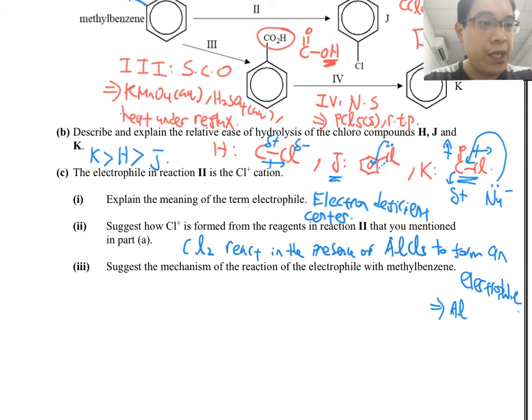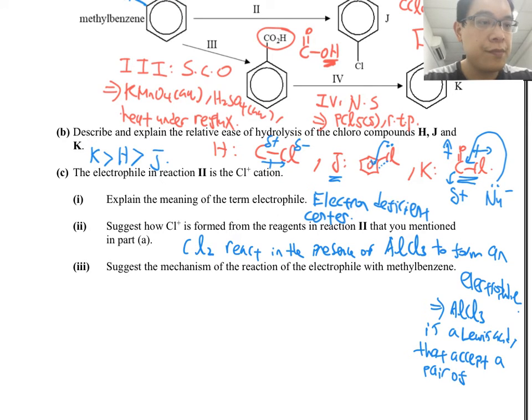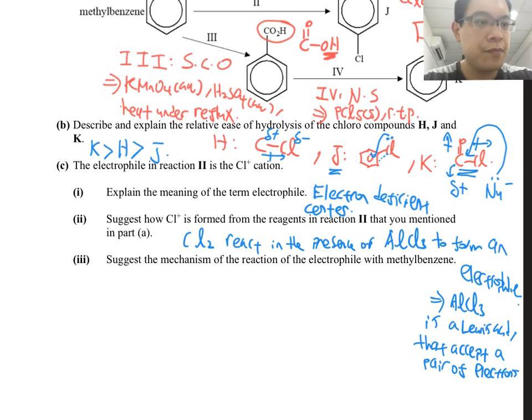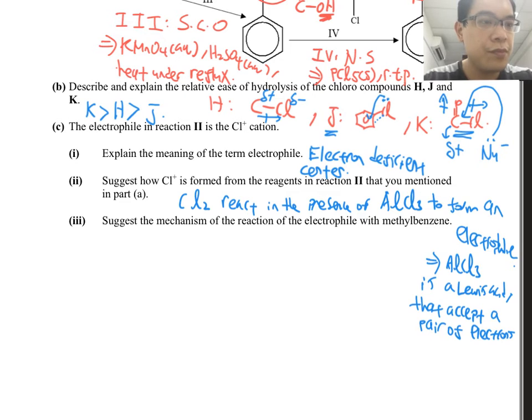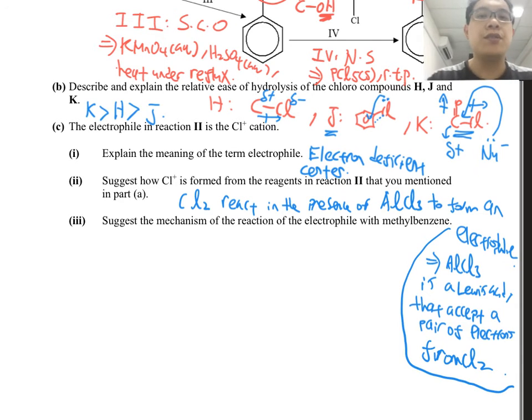Because AlCl3 is a Lewis acid that accepts a pair of electrons from Cl2. Right, so this is the explanation to talk about part 2. Then let's take a look at part 3.